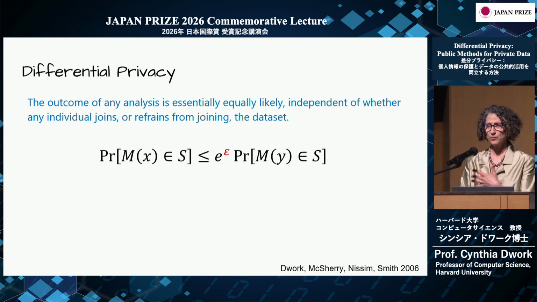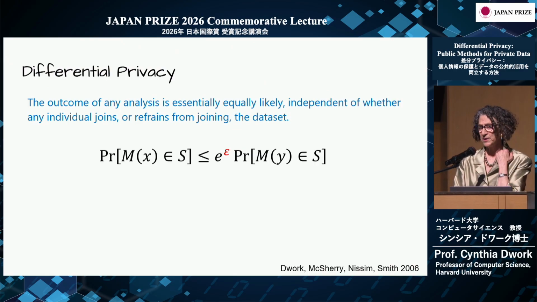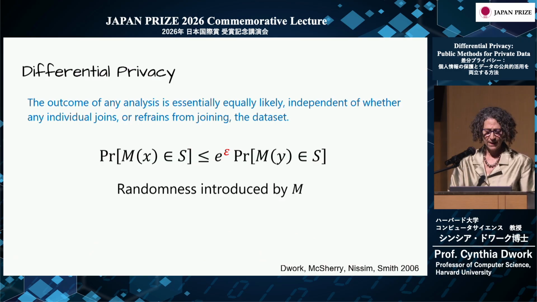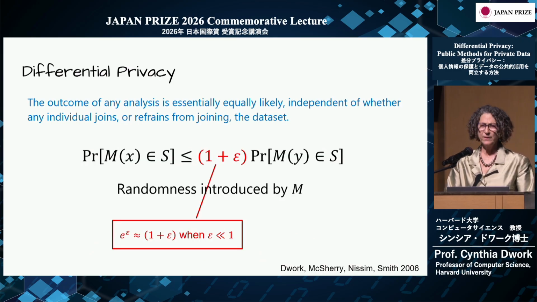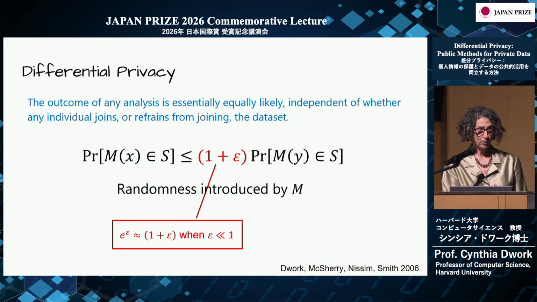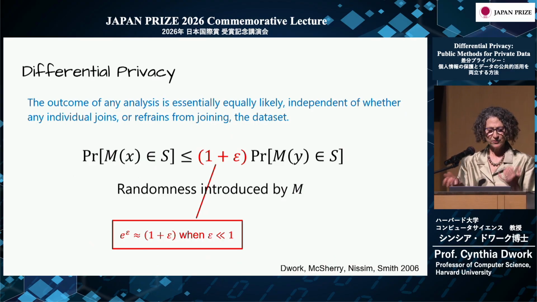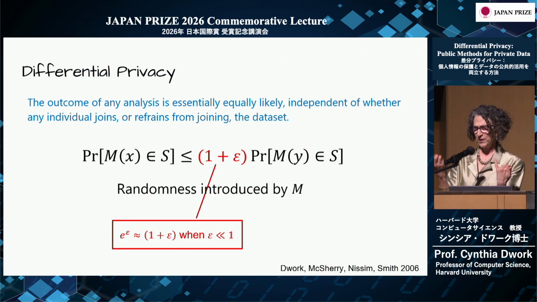It is publicly known, and it's chosen by the person who is implementing the algorithm. And if you're not familiar with this form, e to the epsilon is approximately 1 plus epsilon when epsilon is small. So it says that these two probabilities, the probability of observing the event S when the data set is X versus when the data set is adjacent Y, are almost the same.